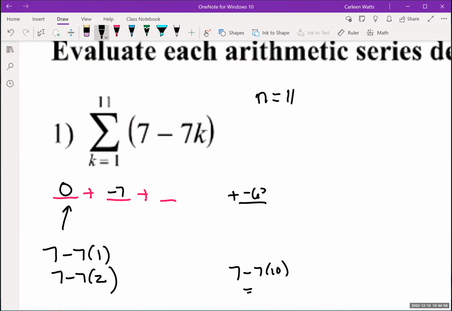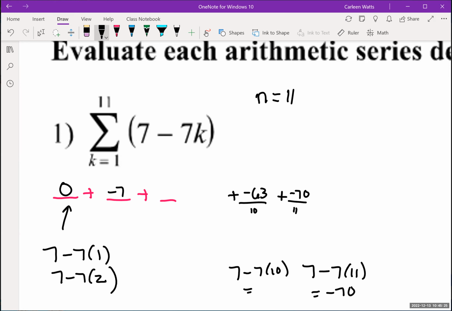And this was the 10th term. Let's do the 11th term. 7 minus 7 times 11 is equal to? Negative 70. Okay.